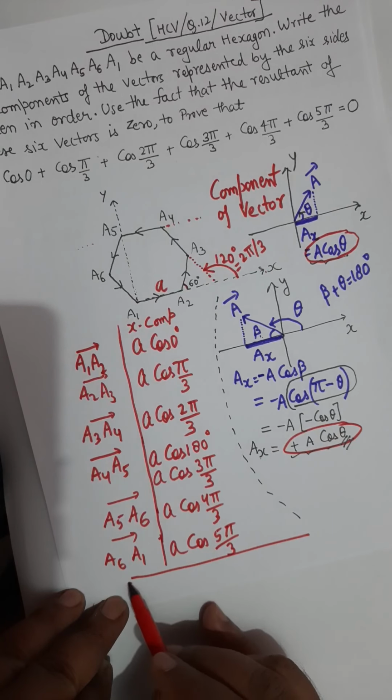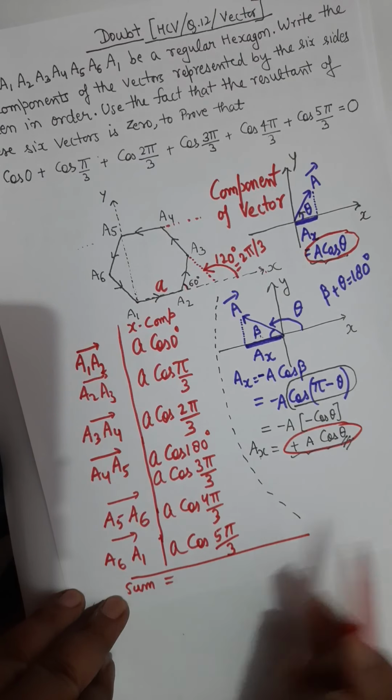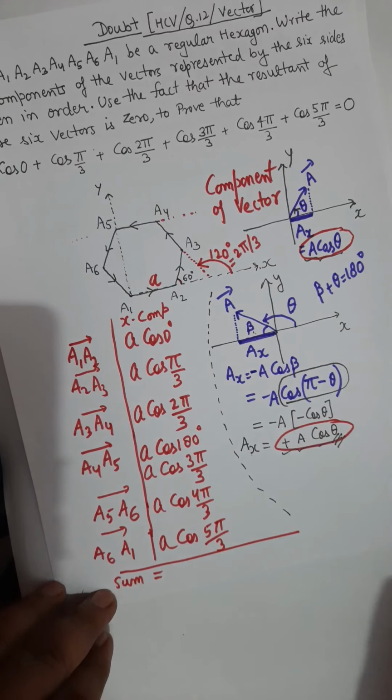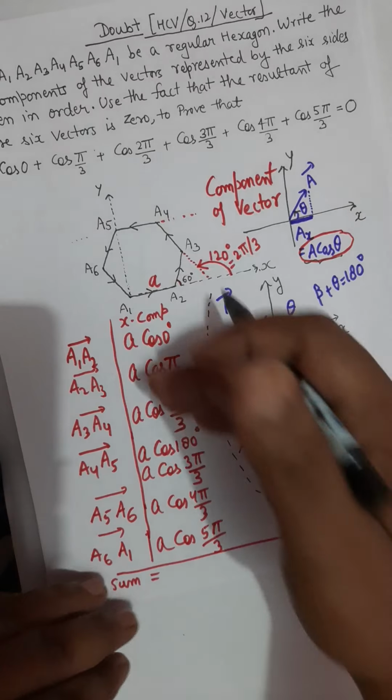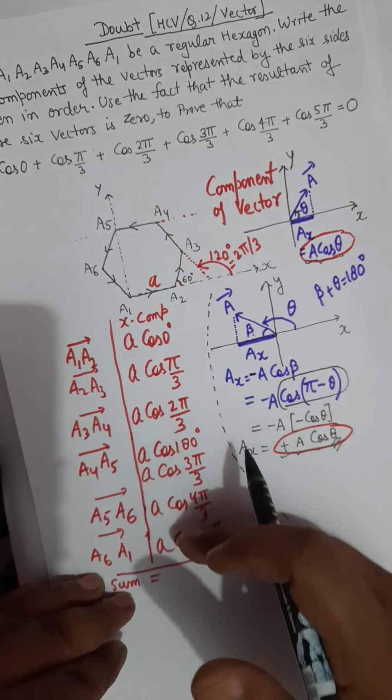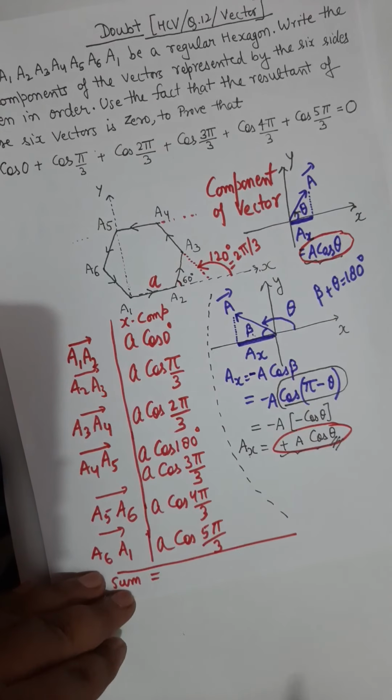And if we add all of them, the question says that the resultant is 0. This is given in the question, which means if we add all these values, we should get 0.